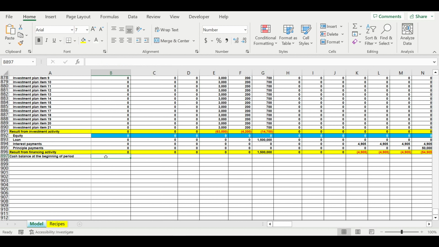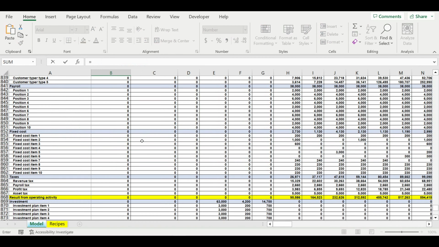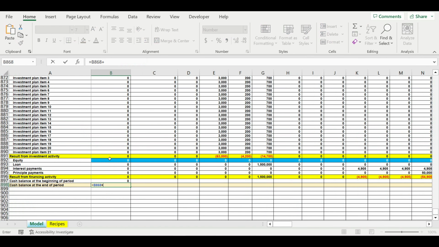Then cash balance at the end of period, and this will be the result from operating activity plus the result from investment activity plus the result from financing activity plus cash balance at the beginning of the period.